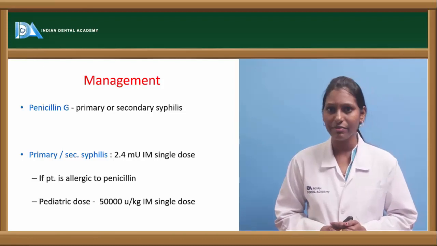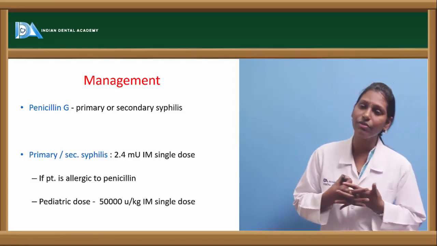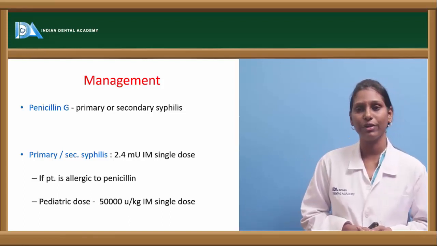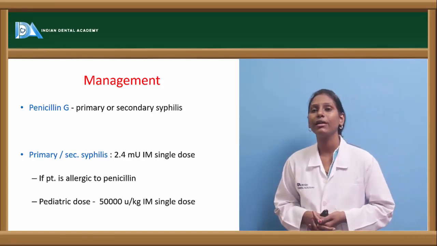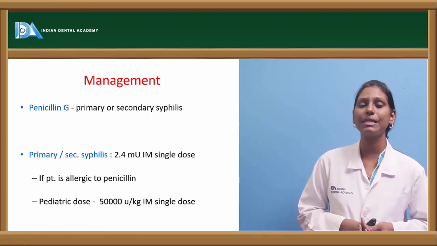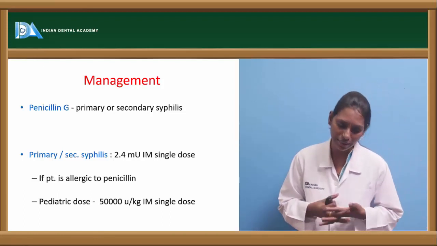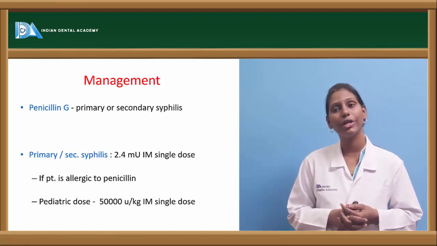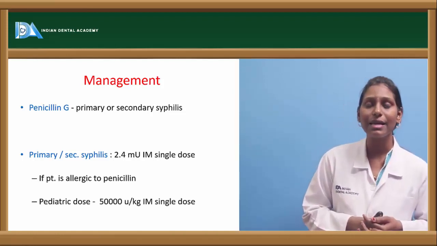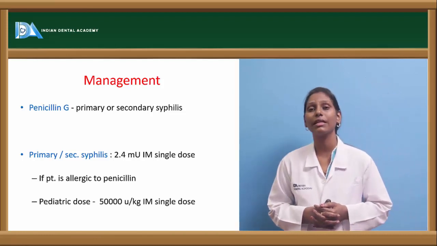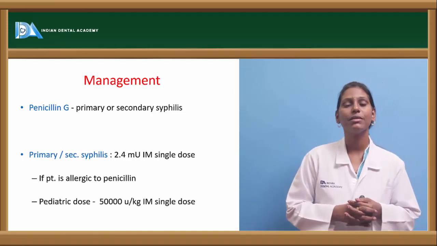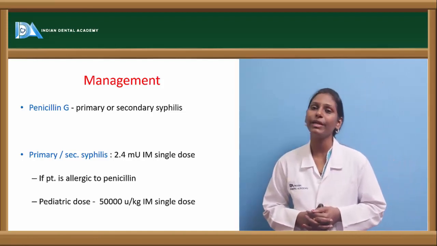In case of late syphilis, we can extend this 6 lakh units of penicillin to a 3 week period. 2.4 million units IM single dose can be given. If the patient is allergic to penicillin, we can go ahead with tetracycline, erythromycin and ceftriaxone. Instead of tetracycline, we can go ahead with doxycycline, which is again a drug of choice, 100 milligrams thrice daily for 15 days.